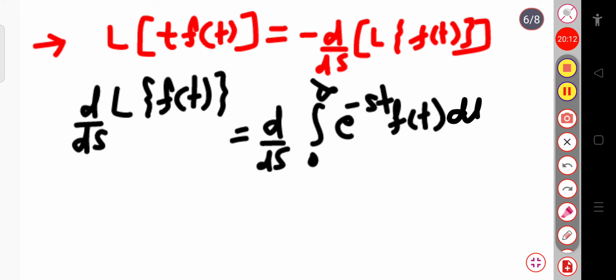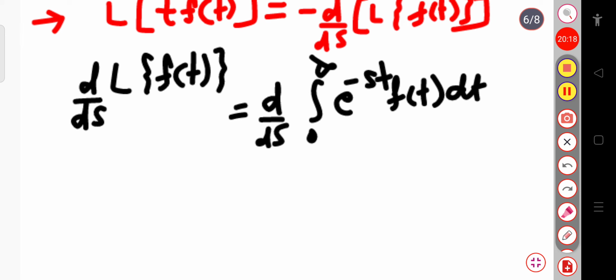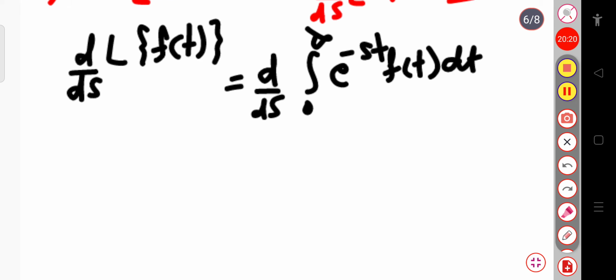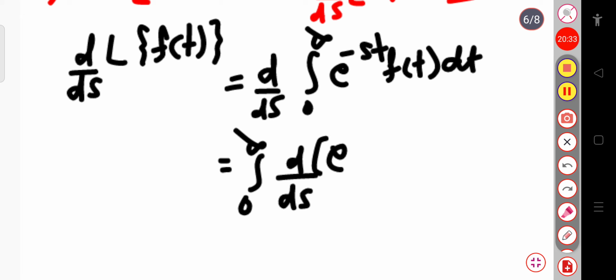This is the general expression, and this d by ds can be taken inside the integration. So this will be equal to integration over 0 to infinity of d by ds of exponential minus st into f of t dt.